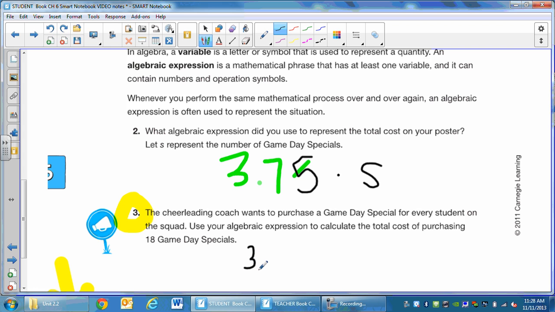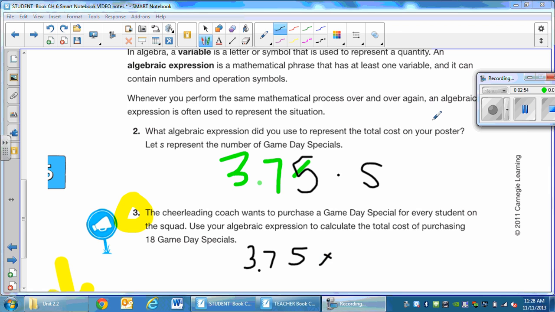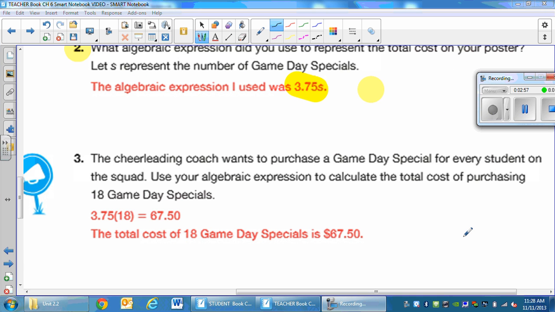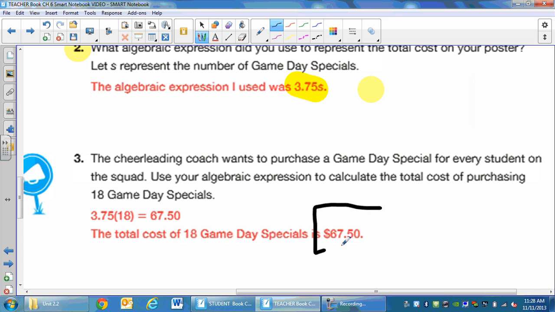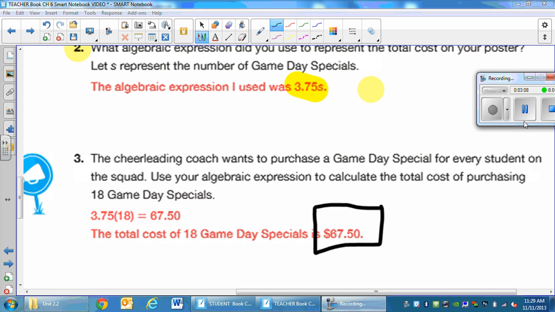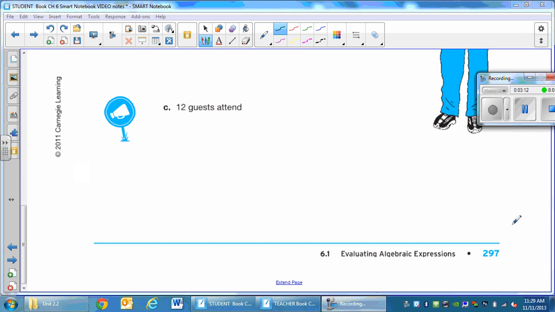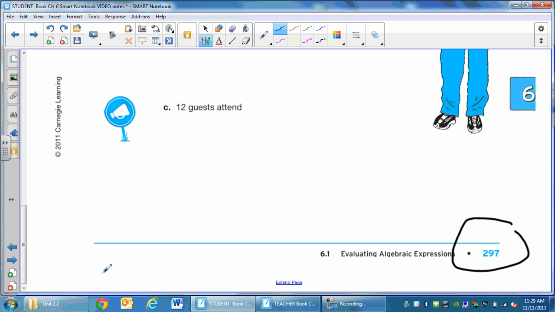When you do 375 times 18, you will get $67.50. So that's how much the cheerleading coach is going to have to pay if she wants to buy everyone on the team a special.